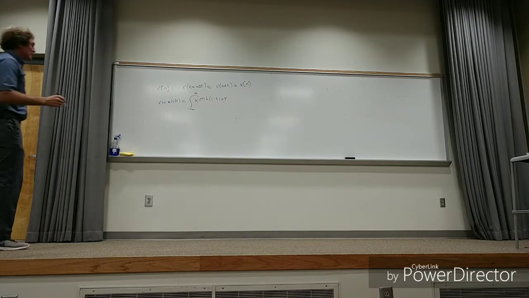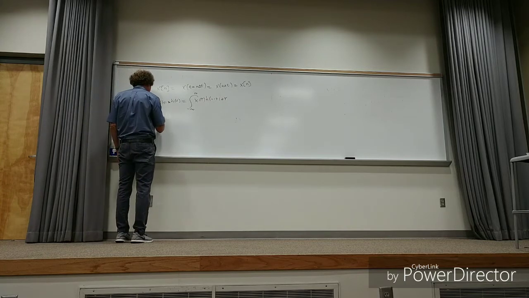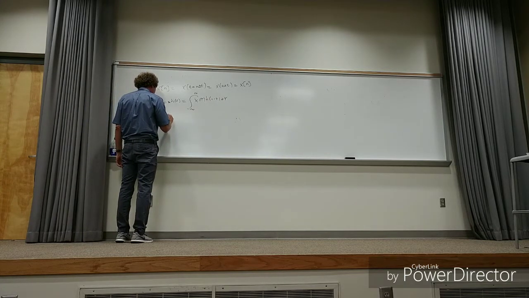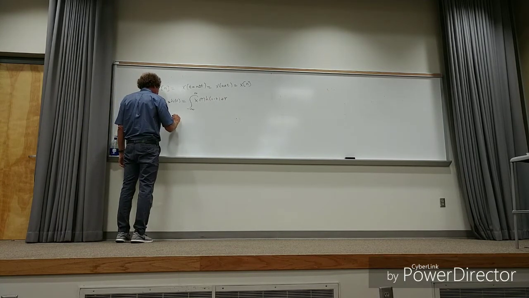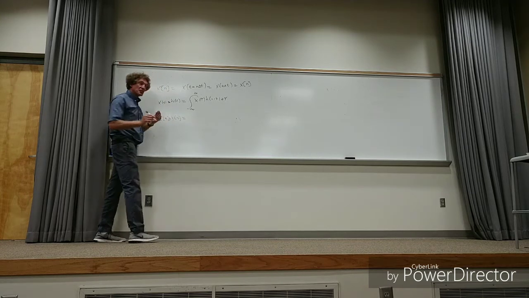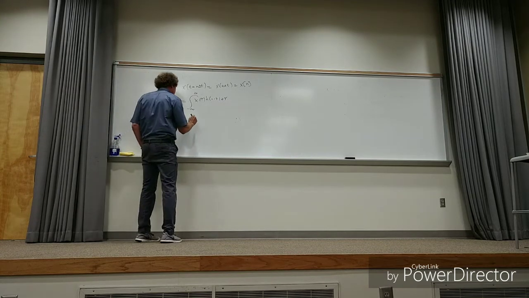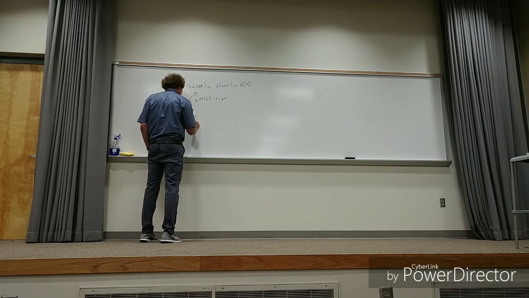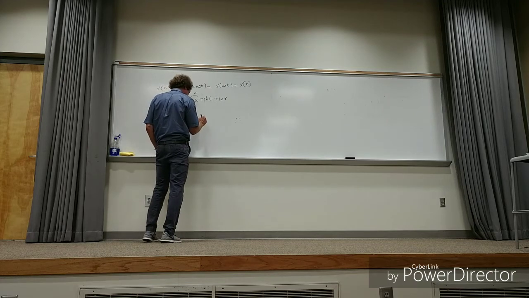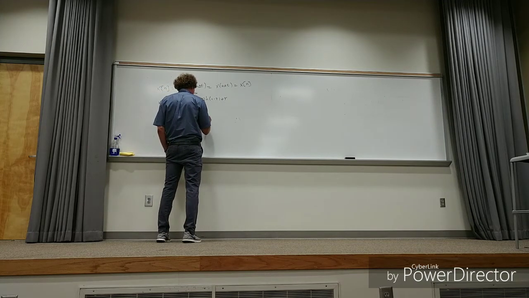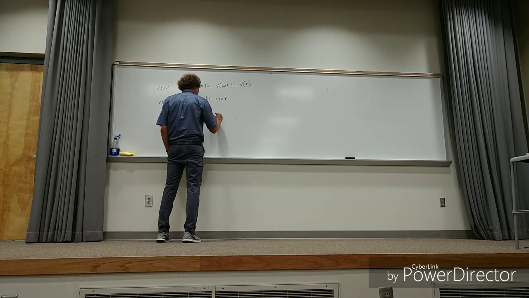So if that's the case, if I have x of n convolved with h of n in discrete time, really what I'm going to have is a sum, for I equals minus infinity to infinity of x of I times h of I minus n.